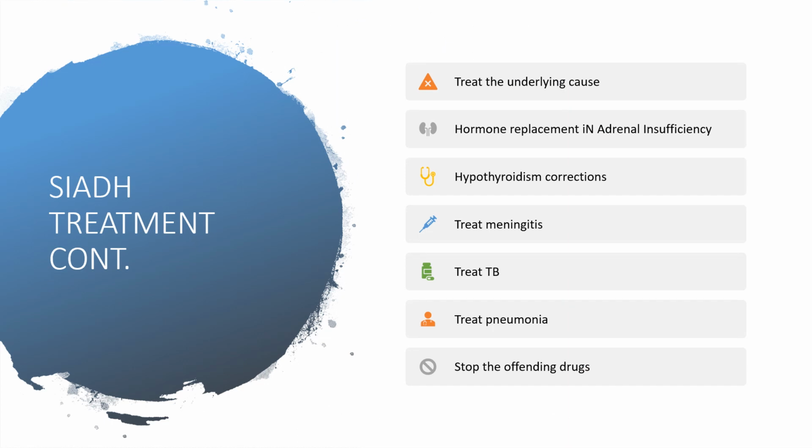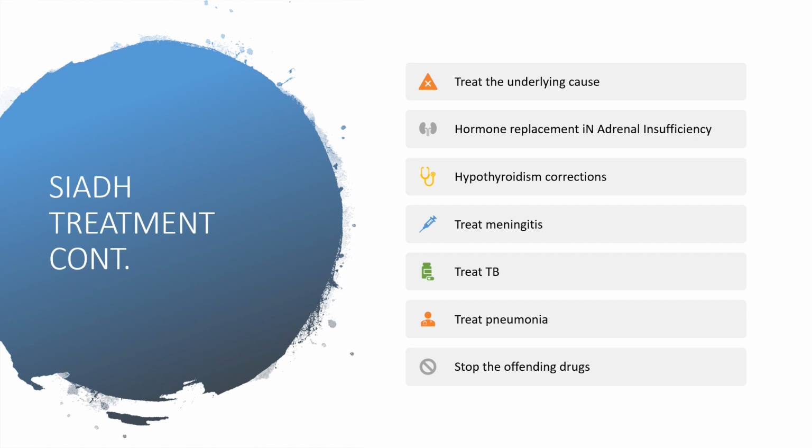Treatment of syndrome of inappropriate antidiuretic hormone. First thing first, after we have taken our history, done our physical examination, made a diagnosis, the next thing is to treat the underlying cause. Let's have hormone replacement in adrenal insufficiency.